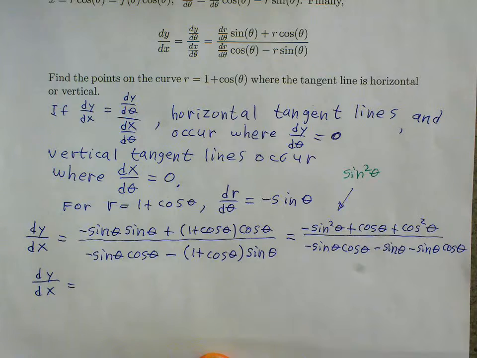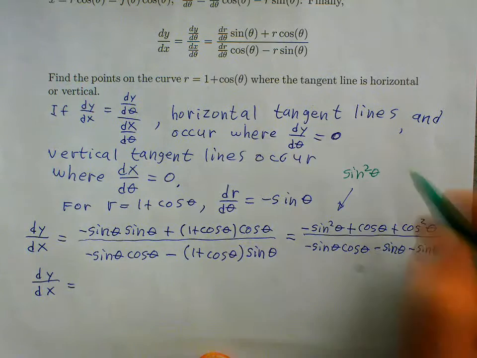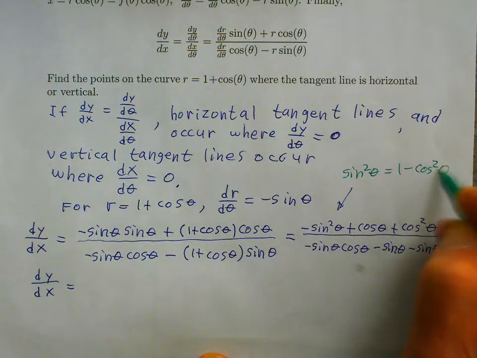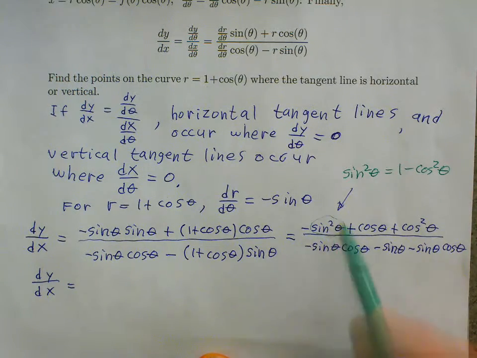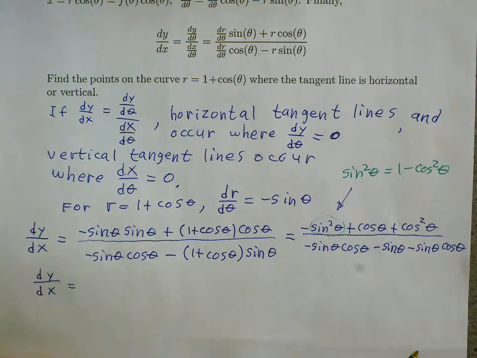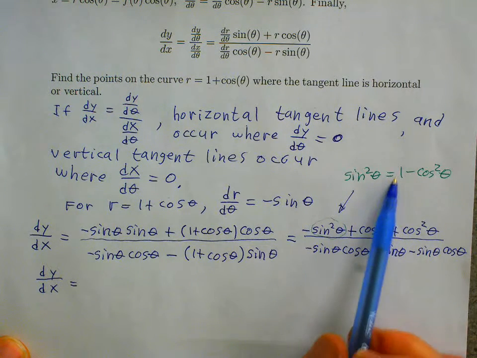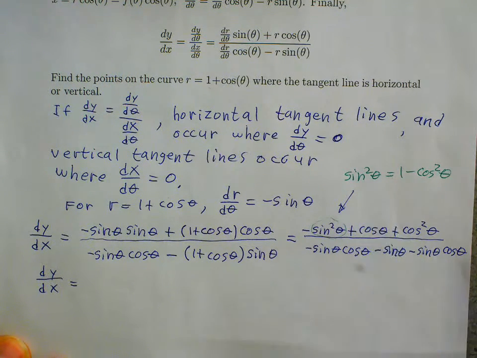Since sine of theta squared plus cosine of theta squared equals 1, sine of theta squared is 1 minus cosine of theta squared. So I'm going to replace sine of theta squared with 1 minus cosine of theta squared. And since we're subtracting, it'll be minus 1 plus cosine of theta squared.